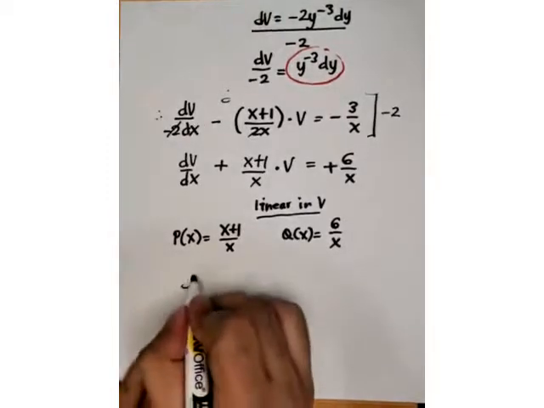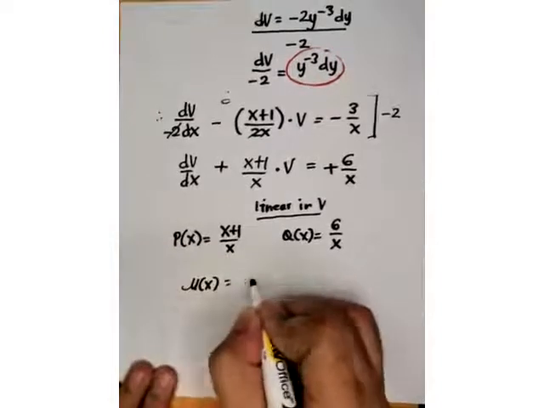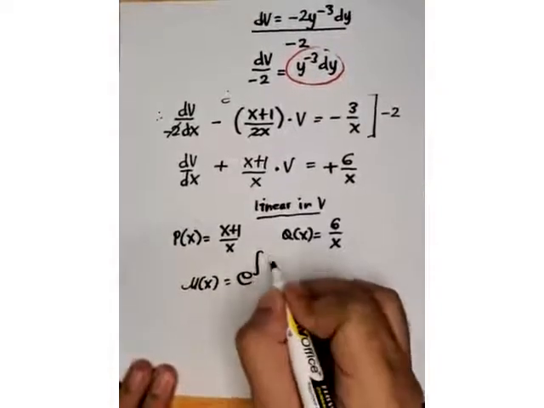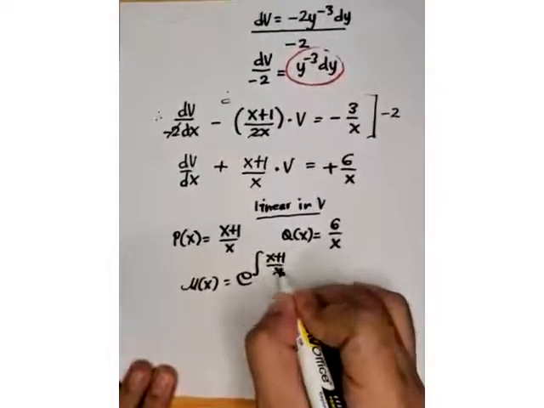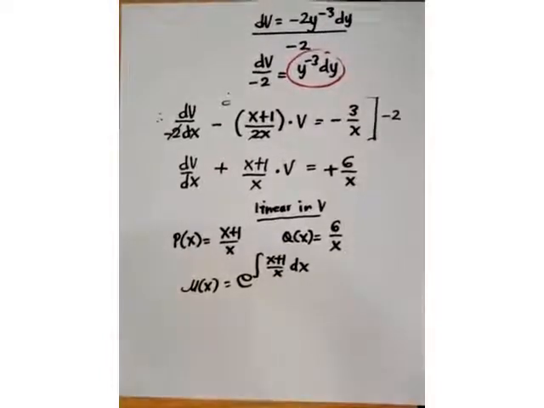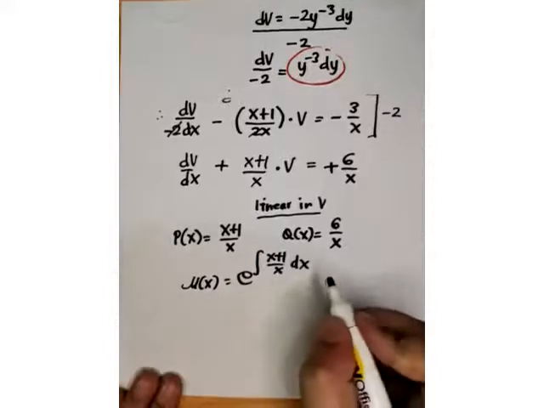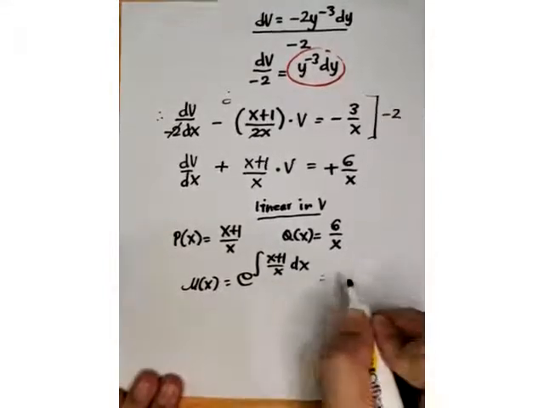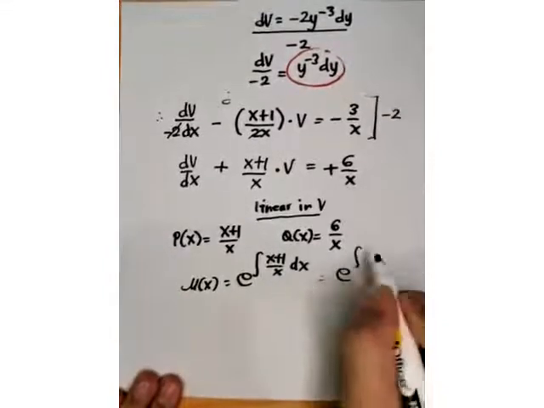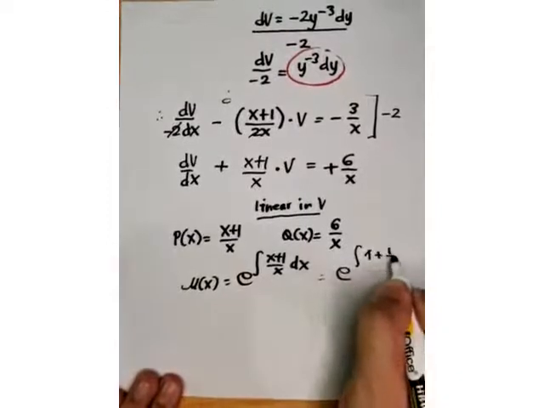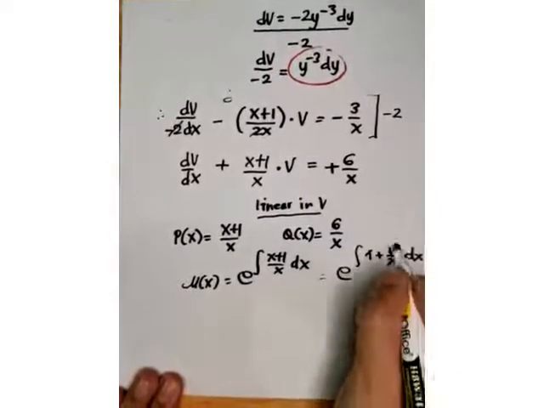Okay, so what's our integrating factor then? So that's equal to e raised to the integral of x plus 1 over x dx. Yan naman ang example natin. Okay. So we integrate. Distribute natin. So that's 1 plus 1 over x dx.